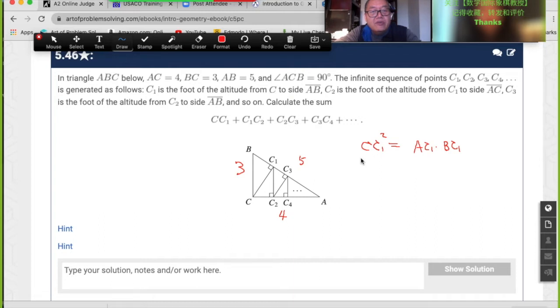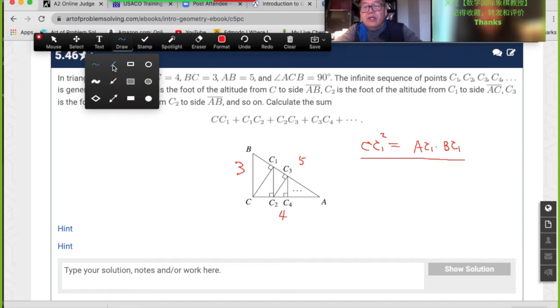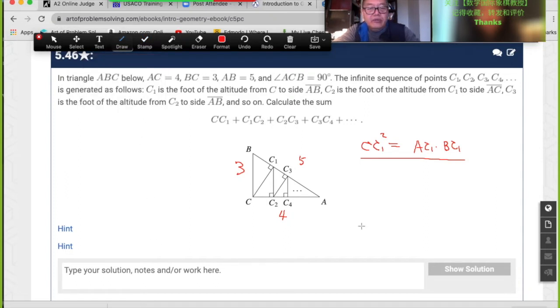Do you know this? I don't think so. You don't think so? You know, I told you, if we have a right triangle, suppose this one is a right triangle, okay?